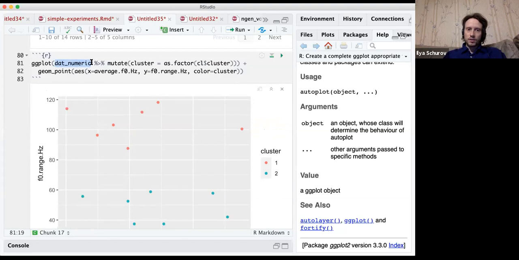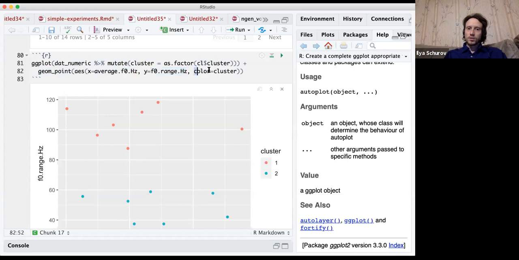I take my initial data frame, add a new column with information about which cluster each row belongs to, and then I plot this data frame using geom_point, and I use these variables as my axes.